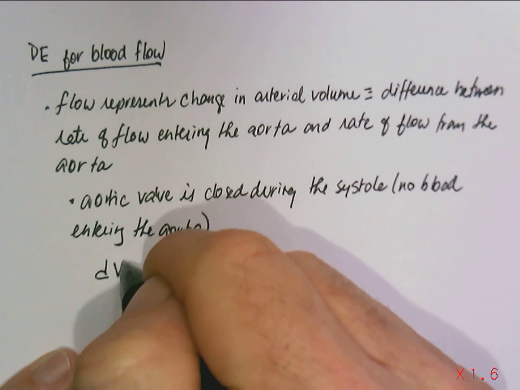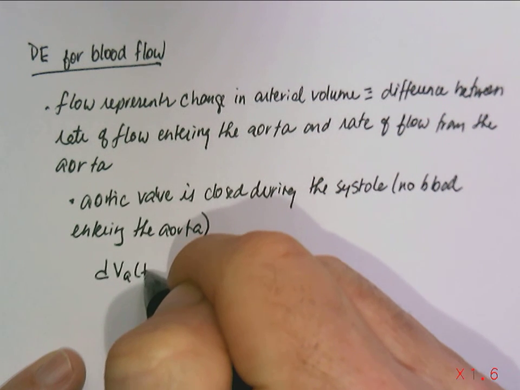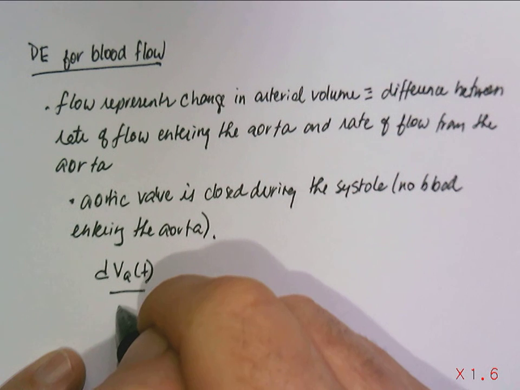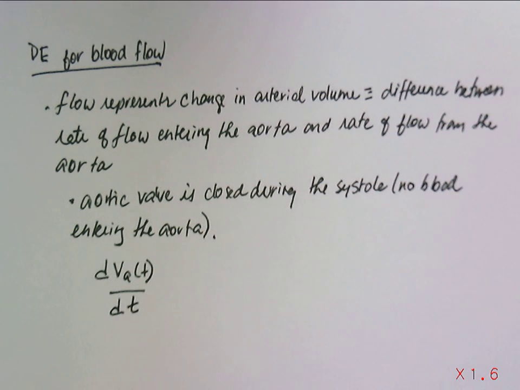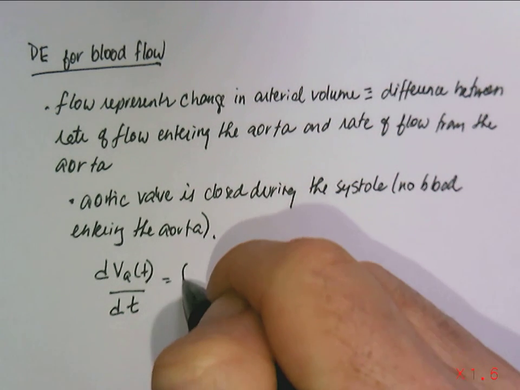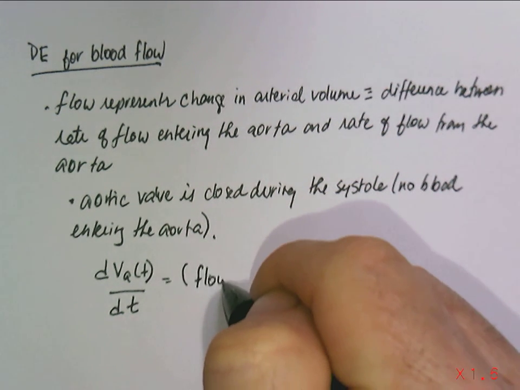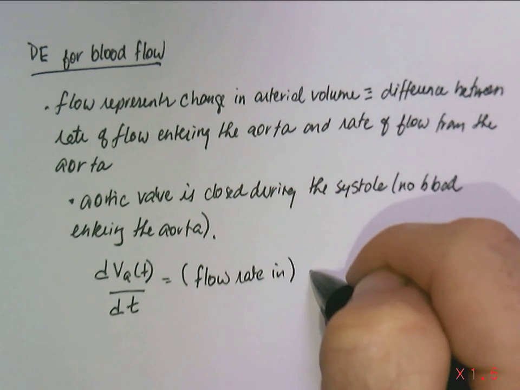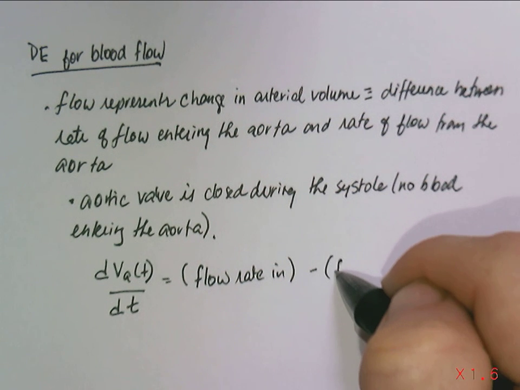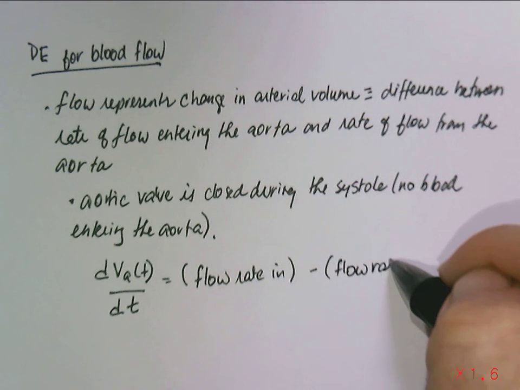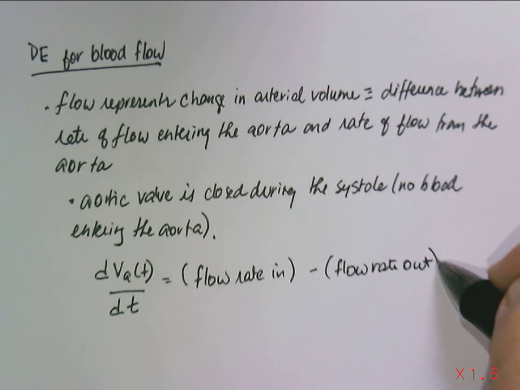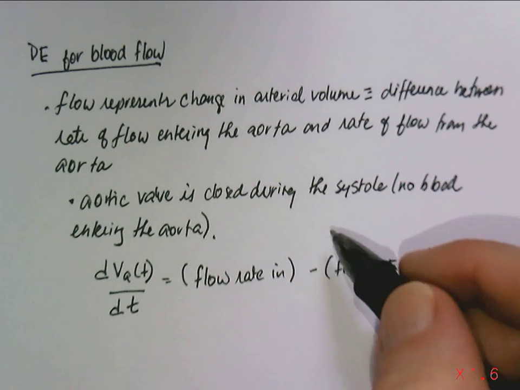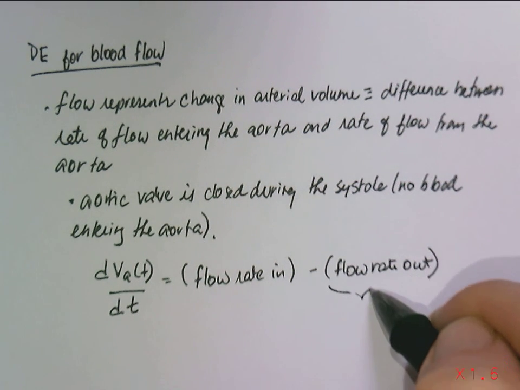The rate of change with respect to time of your arterial volume is the difference between the flow rates, the flow rate of the blood in the aorta, minus the flow rate out. This last term, we've already defined it.